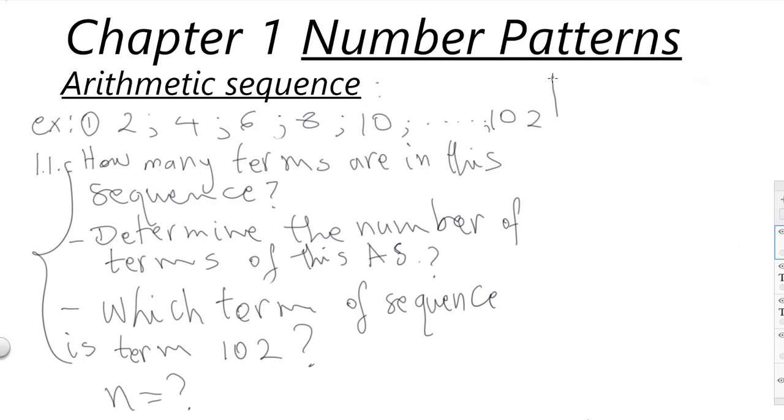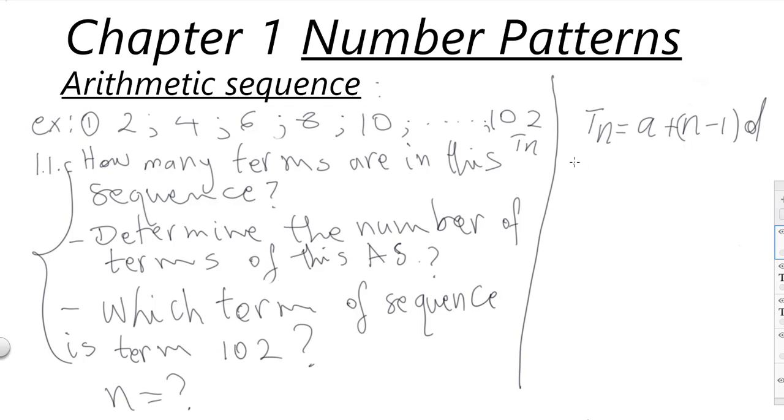So how do you find it? Very simple. Use the formula Tn equal to A plus n minus 1 times the common difference. So you have to know what your Tn is. We don't know this term, so this is our Tn.